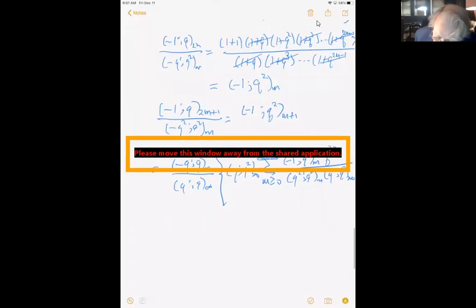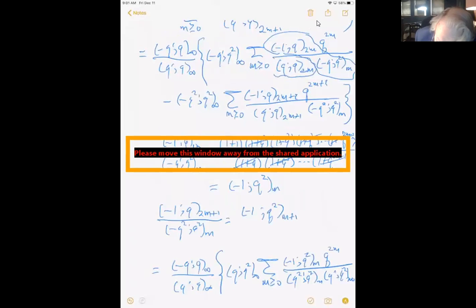I have broken this product here up into the odd terms, which are here, and the even terms, which are there.